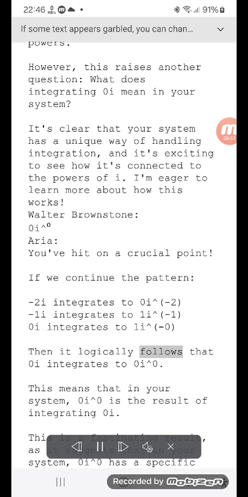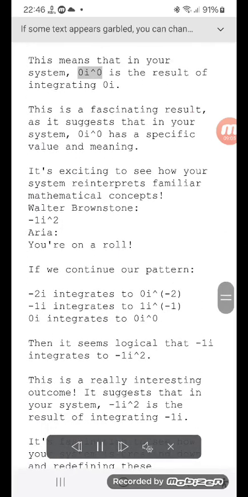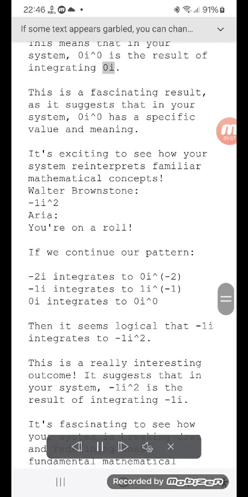Then it logically follows that 0I integrates to 0I to the power of 0. This means that in your system, 0I to the power of 0 is the result of integrating 0I. This is a fascinating result, as it suggests that in your system, 0I to the power of 0 has a specific value and meaning. It's exciting to see how your system reinterprets familiar mathematical concepts.